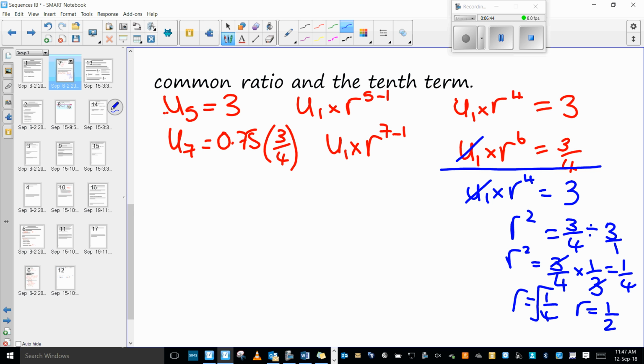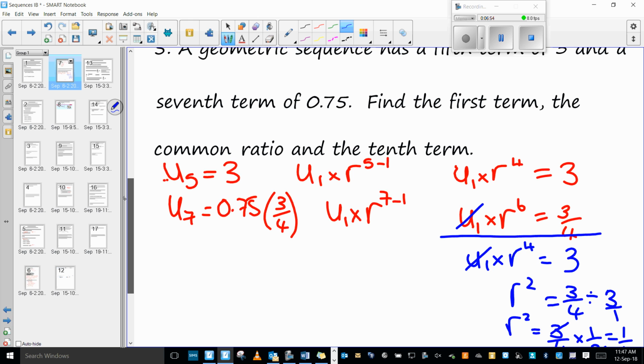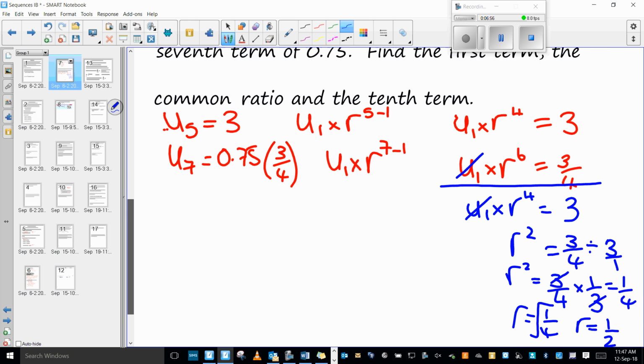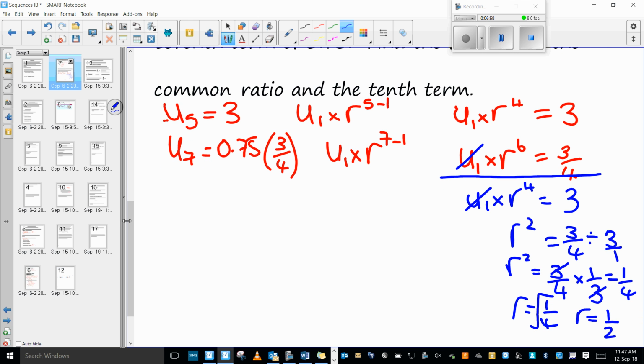So r is 1/2. That was a big long process just to find the common ratio. What else do we have to find? We have to find the first term too. We can put r into either one of these two original equations. Let's do the top one.